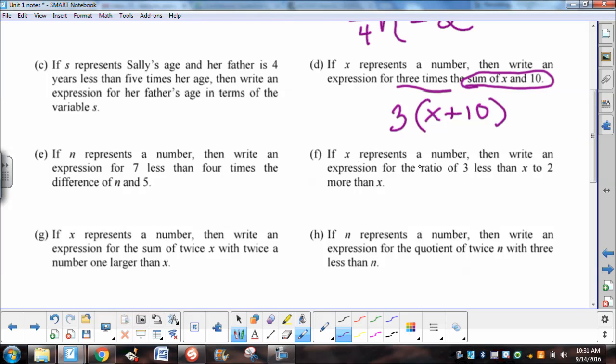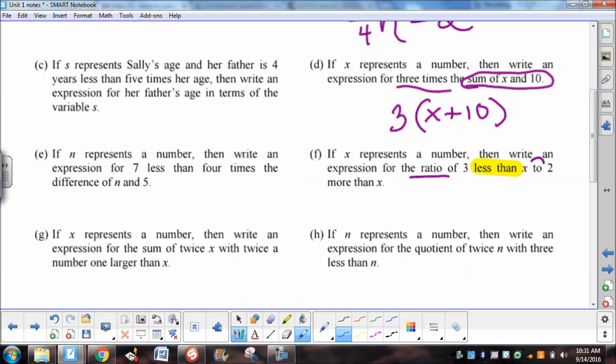F, if x represents a number, then write an expression for the ratio. So that's going to indicate our division of 3 less than x to 2 more than x. I'm going to highlight that phrase again to make sure we indicate the order.